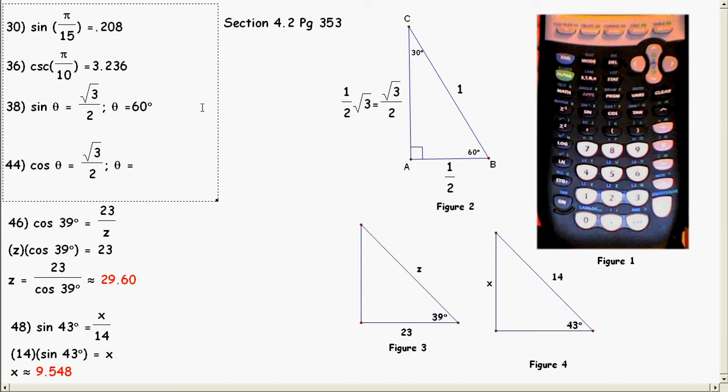So if I multiply that by pi over 180, that's going to give us our radian measure, which turns out to be pi over 3.